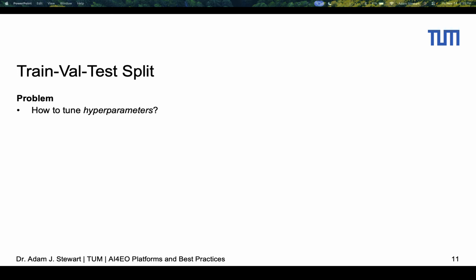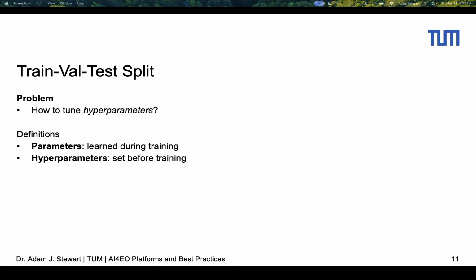So we don't want the test data to bleed into the training data, either through the model directly seeing it or through the hyperparameters indirectly seeing it. So we can do the exact same thing we just did and make yet another split. Now the training subset of our data is used to train the model parameters.